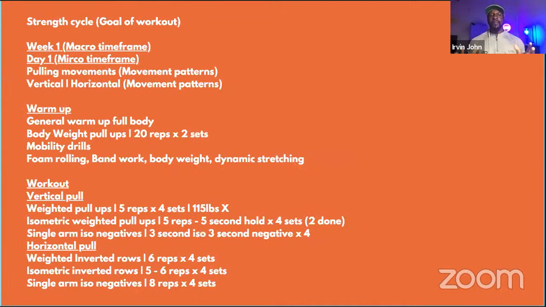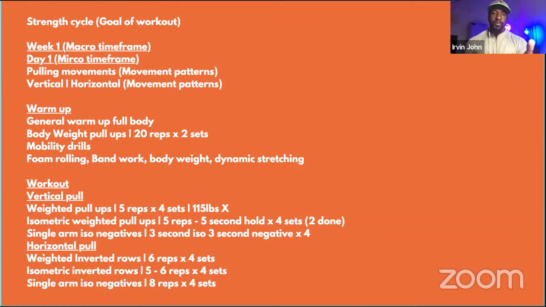So this, for example, the goal here, and this is an actual program, strength cycle. And that's the goal of the workout, right? Is developing strength. And overall, on a macro scale, the goal is developing strength. Now mixed in there will be a little bit of power. There will be a little bit of endurance, but focusing highly on developing strength. So the rep range and the exercise variations would really be geared towards strength development.